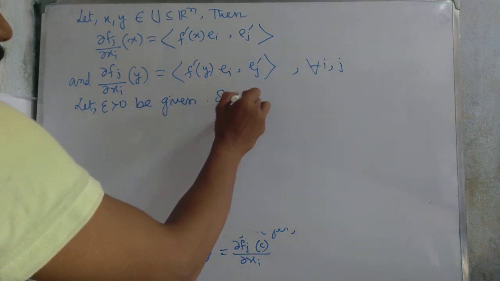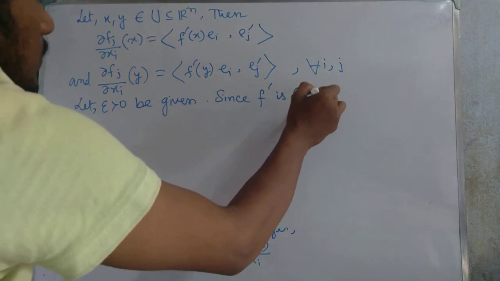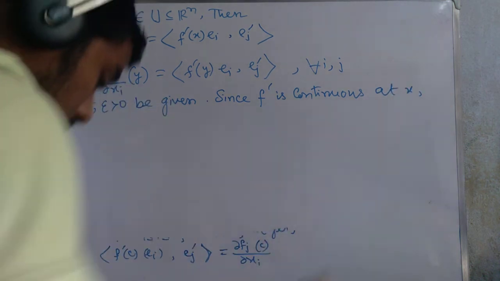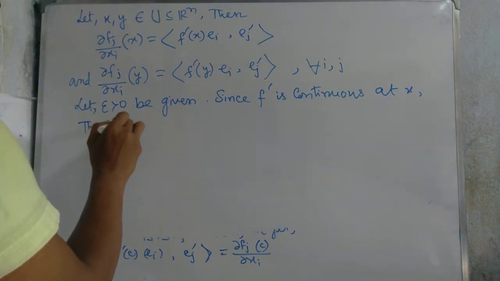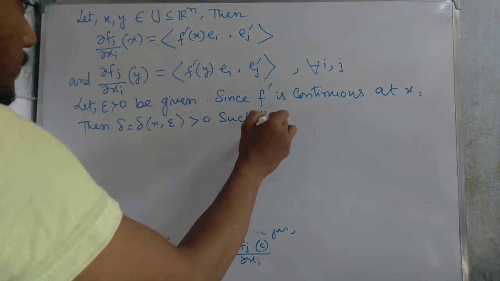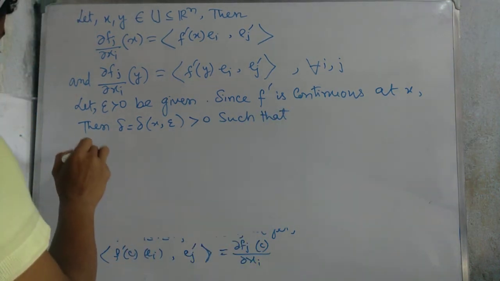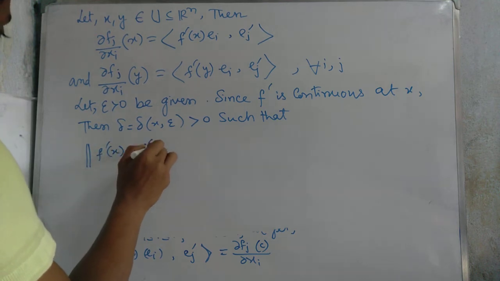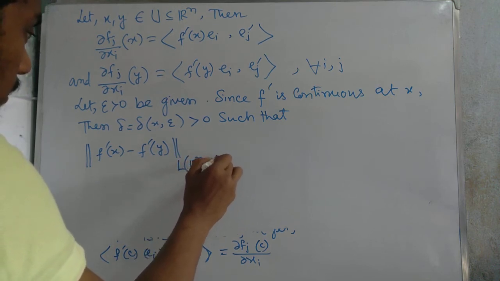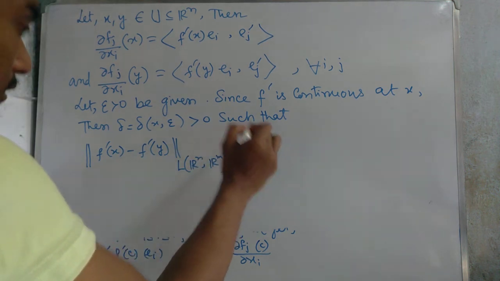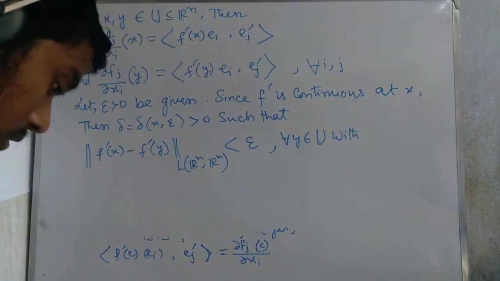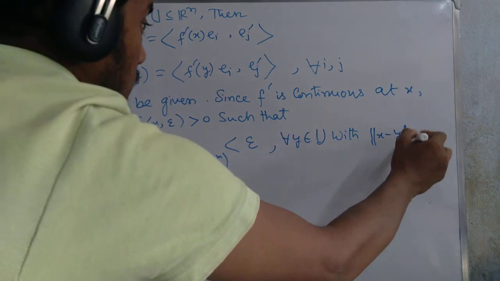Since f' is continuous at x, there exists delta greater than 0 such that the norm of f'(x) minus f'(y), in L(Rn, Rm), is less than epsilon for all y belonging to U with norm of x minus y less than delta.